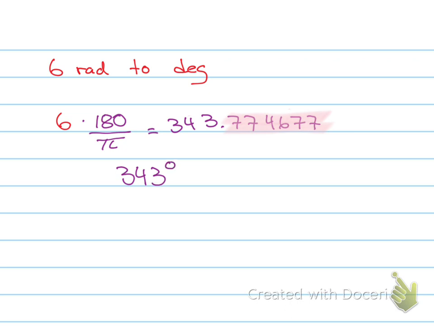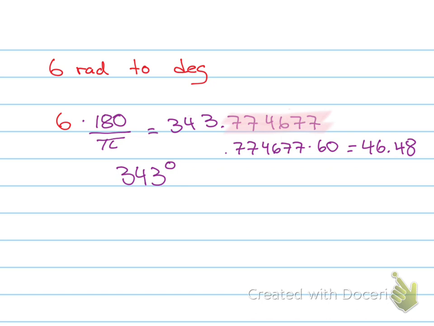The 343 is my degrees, and then I'm taking the 0.774677 and multiplying this by 60 to get the minutes. 0.774677 times 60, the more decimal places the better, is 46.48.